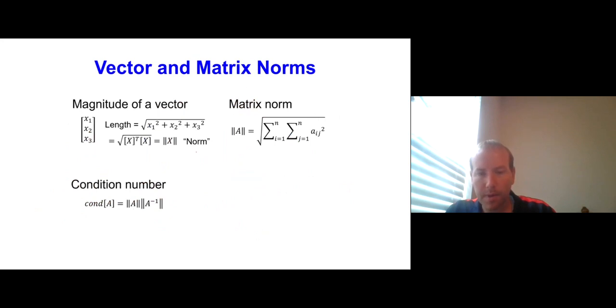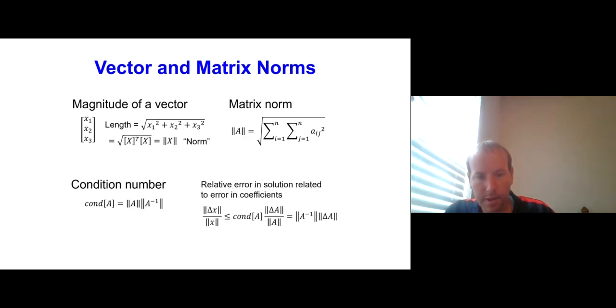Okay, so let's talk a little more about those ill-conditioned systems. In a previous lecture, we talked about matrix norms, which give us a way of saying how big a matrix is. The condition number of a matrix is given by the norm of A multiplied by the norm of the inverse of A. The reason that's important for linear systems is this equation, which says that the error in the solution x is proportional to the error in A, multiplied by this condition number.